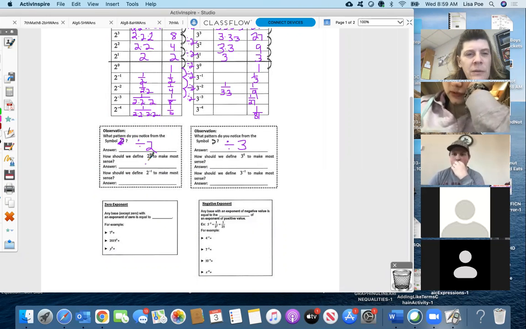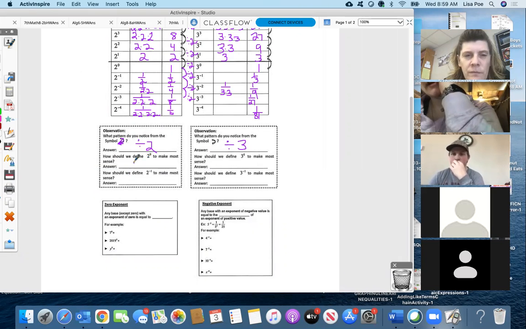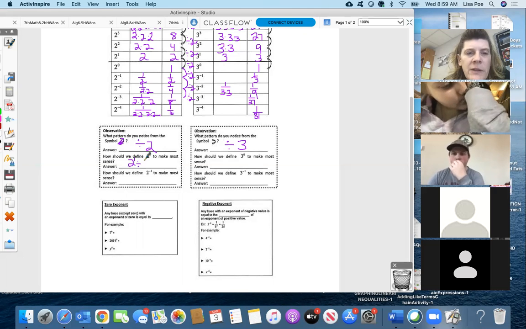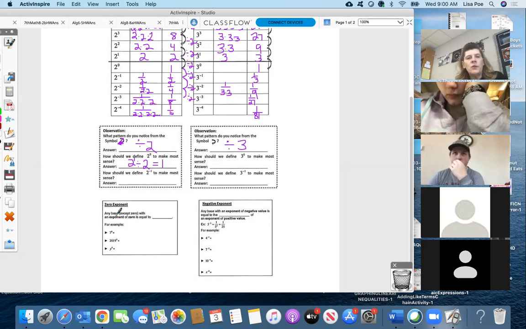Since there's no 2's to multiply it by, it's just, never mind. I know it's hard. 2 to the first divided by 2 is equal to 1. Maybe that. How should we define 2 to the negative first to make the most sense? Do you remember what I said earlier about thinking of negative powers as being what? Repeated what?